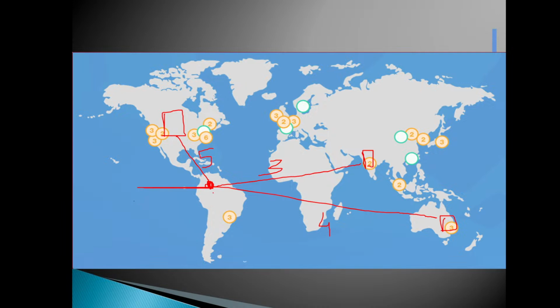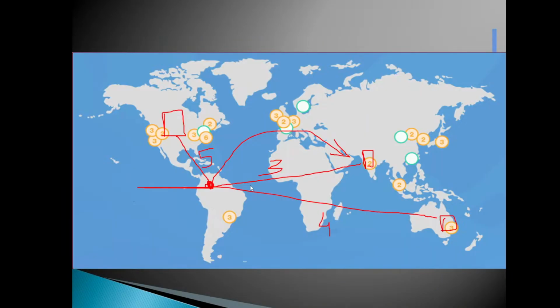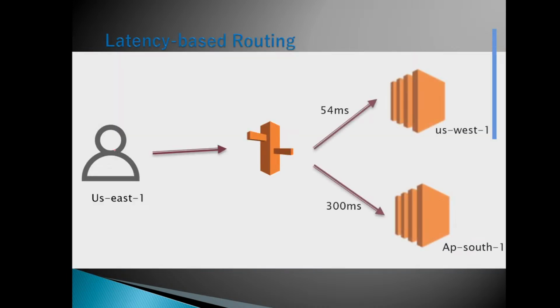Now in this case, even though the user is near to Virginia, the request will land in the Mumbai region because there is low latency. Here there is high latency. That is called latency based routing. Route 53 will keep on checking the latency of the request and accordingly it will send the traffic.